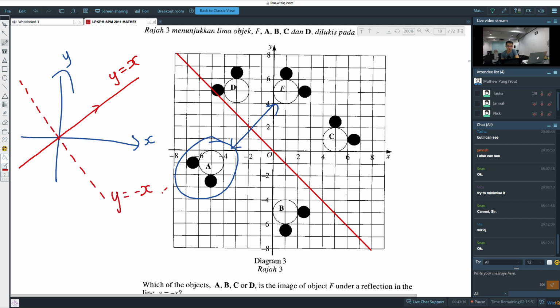And if you still cannot understand the equation, you can find out each coordinate it's passing through. Let's say I'm passing through this one, it's called 4 and negative 4. So you can see the relationship between x and y. When x is 4, y will be negative 4. Same thing, if I take any coordinate here, this one will be negative 3, 3.